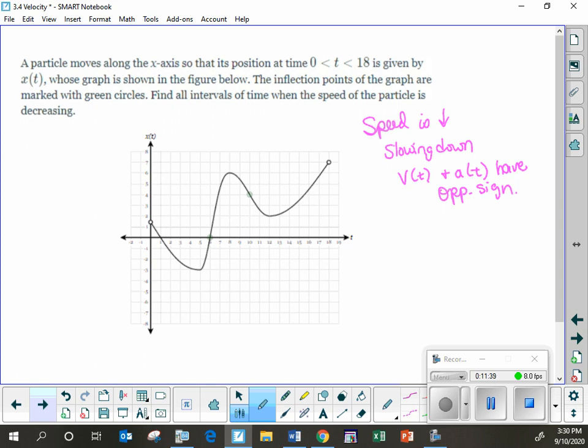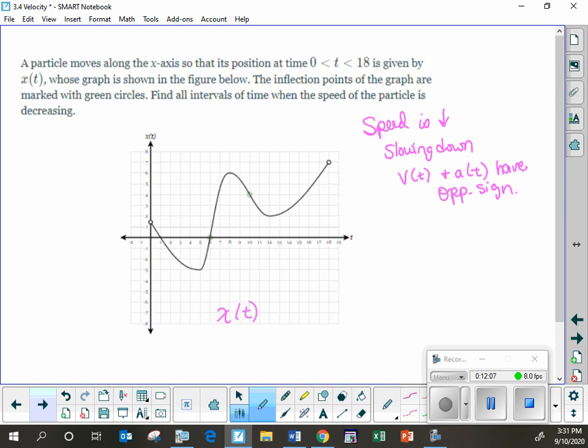A particle moves is given by x of t, and the inflection points are marked with green. So we're looking at a position function. And what do we want? Slowing down.